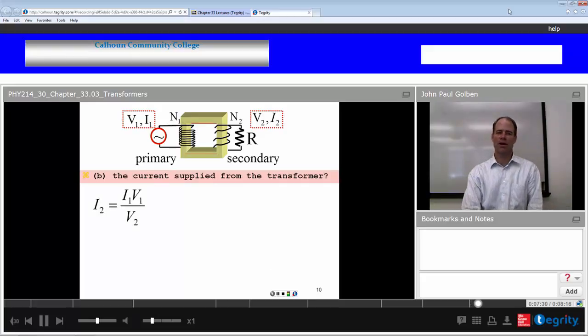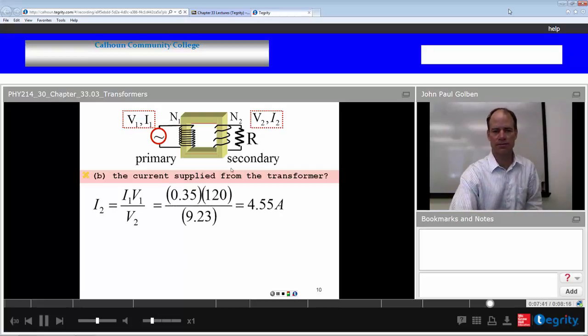I2 is going to equal I1 times V1 over V2, since our power should have been the same between the primary and the secondary. So I times the voltage should be the same. So we'll have 0.35 amps times 120 volts divided by 9.23 volts will be the current of the secondary, 4.55 amps.